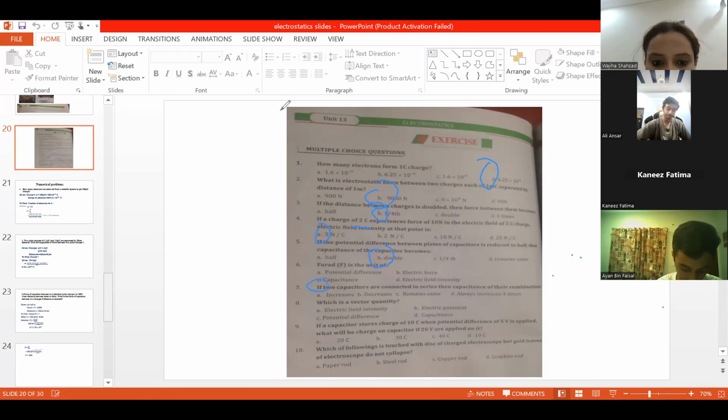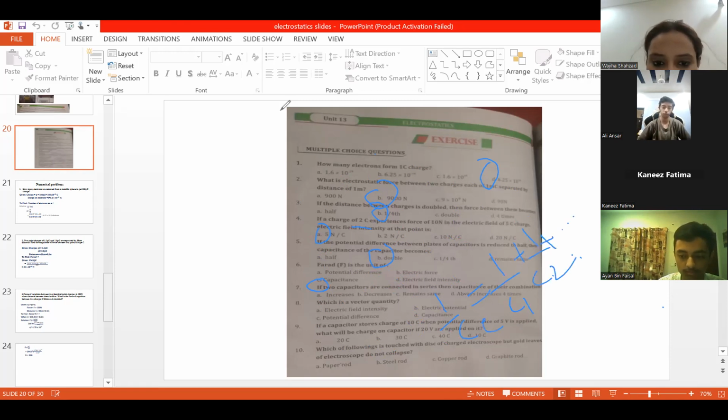Seventh part is, if two capacitors are connected in series, then the capacitance of their combination will be increased, decreased, remain the same, or always increase 4 times. Yes. What is the right option? When we connect the capacitors in series, their combination will be decreased, because we know the relation 1 by C equivalent equals 1 by C1 plus 1 by C2 and so on.